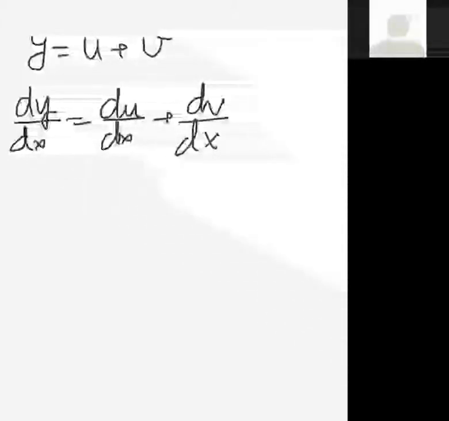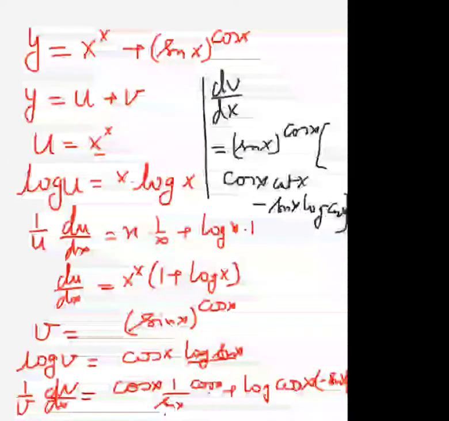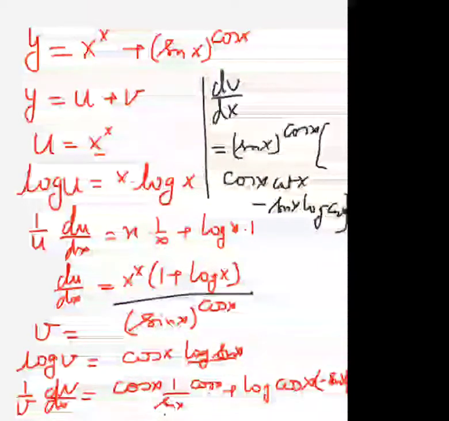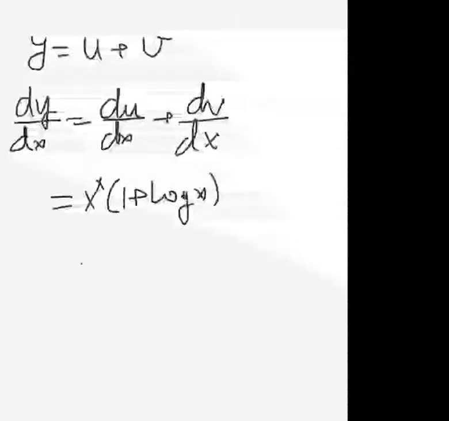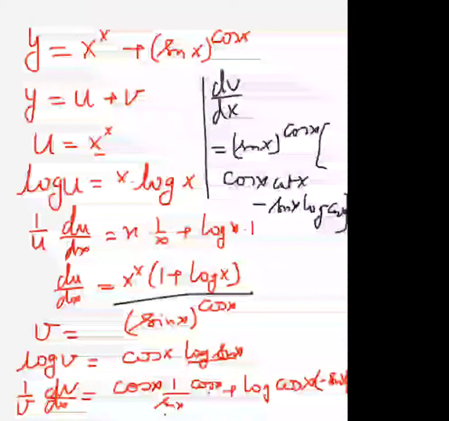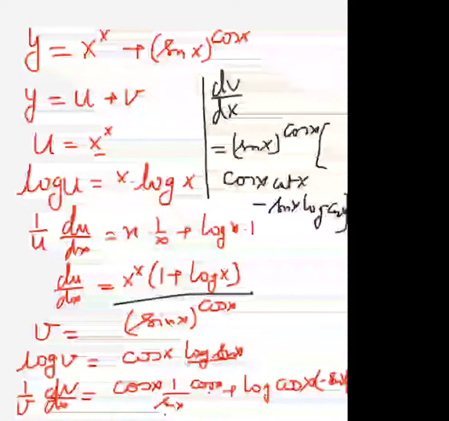Now du upon dx, from the previous slide we need to see, it is x to the power x (1 plus log x), plus dv upon dx, again we need to take from the previous slide, it is (sin x) to the power cos x, cos x cot x minus sin x log sin x.